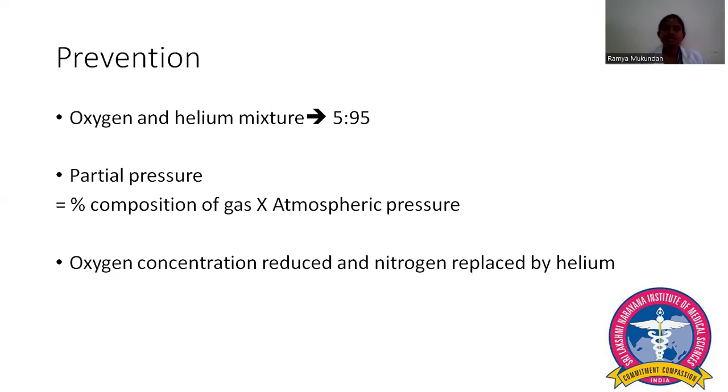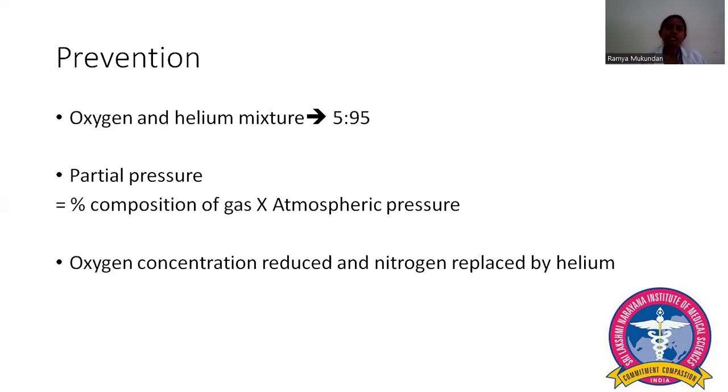But if you notice here, the oxygen and helium are given in the proportion of 5 to 95, not as oxygen and nitrogen, which was given in the proportion of 20 and 80. Why do we reduce the concentration of oxygen to 5? Because we already know that the partial pressure depends on the percentage composition of air and the atmospheric pressure. As we descend down under the sea, the atmospheric pressure increases. For every 10-meter depth, there is an increase of 1 atmosphere.